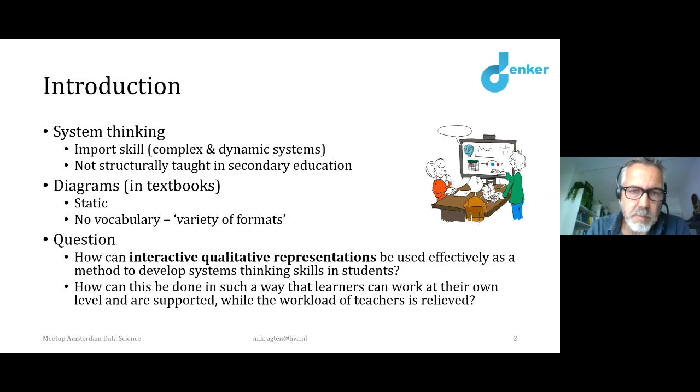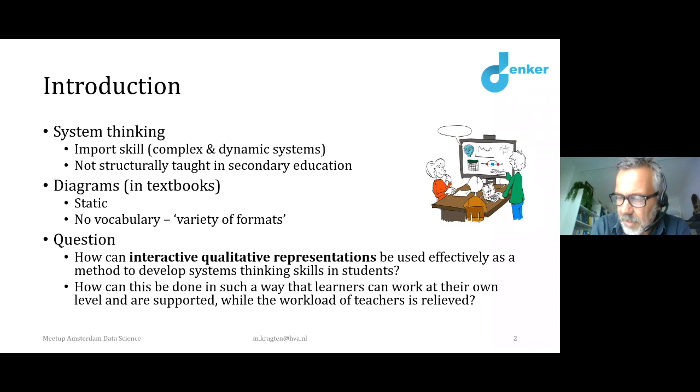Students and pupils have to learn about complex and dynamic systems almost in every class, in biology, physics, geography, etc. Although they have to learn about these systems, the system thinking skill itself is not structurally taught in secondary education. There are a lot of diagrams in the textbooks, but all of them are obviously static. They cannot interact with it. It's just a picture representing a system.